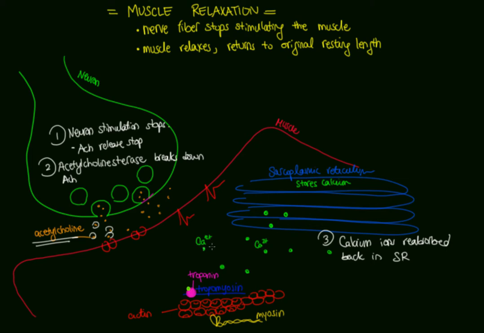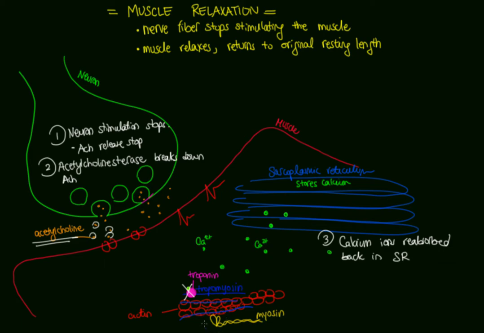Now, if calcium is no longer present because its concentration is going to decrease in the muscle, this process will no longer take place. So now calcium is no longer available to bind to troponin. Troponin can no longer move tropomyosin out of the way. And so what's going to happen is that tropomyosin is going to go back to its original location, blocking the myosin binding sites on actin.